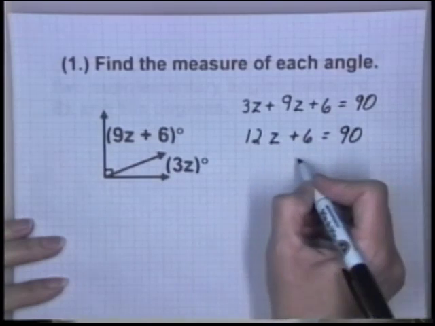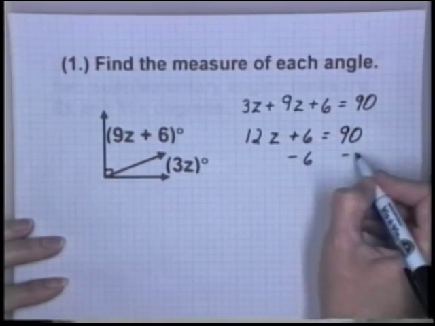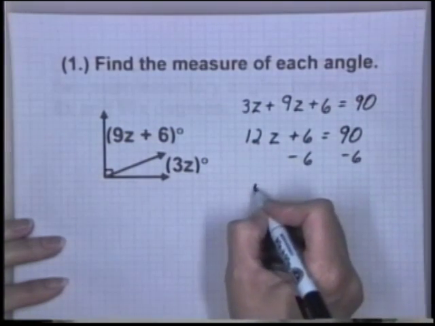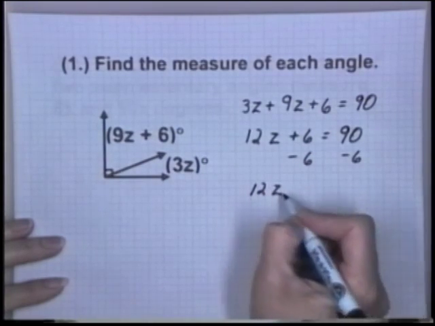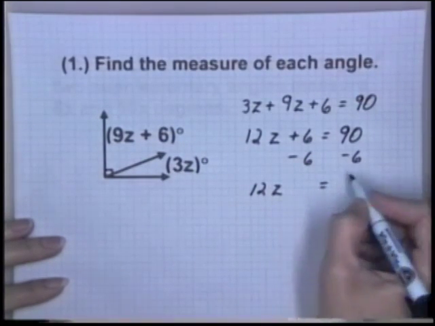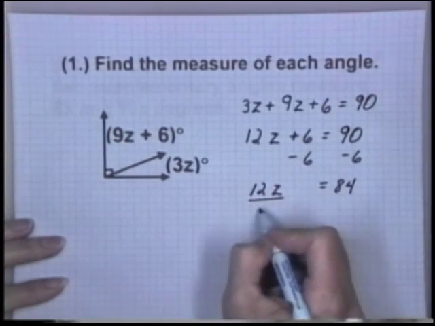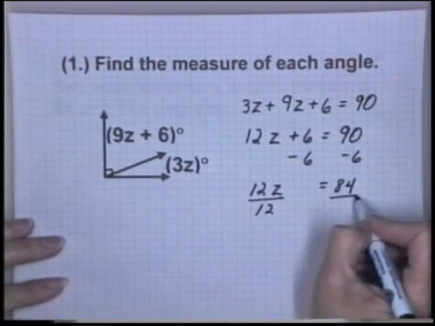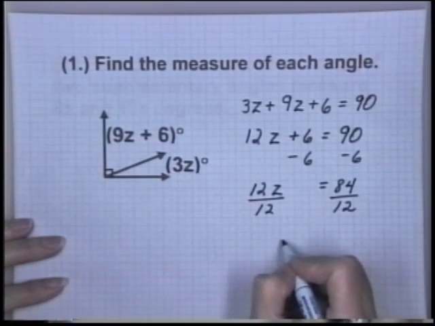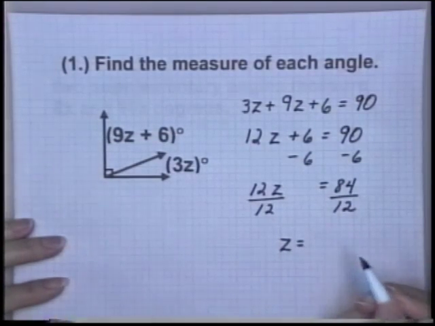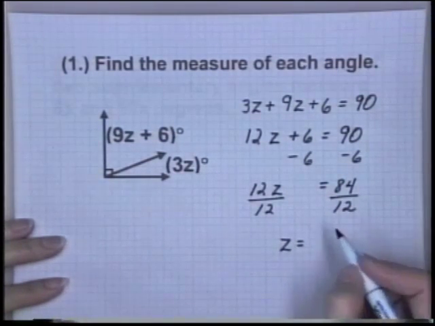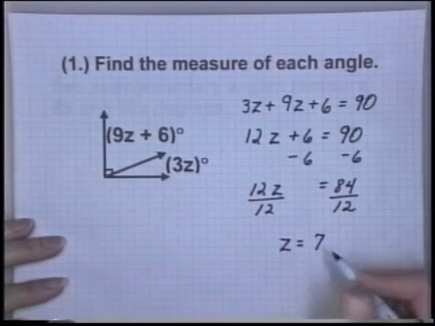Let's solve for z by subtracting 6 from both sides. We get 12z equals 84, and next let's divide both sides by 12. And we get that z is equal to 7.